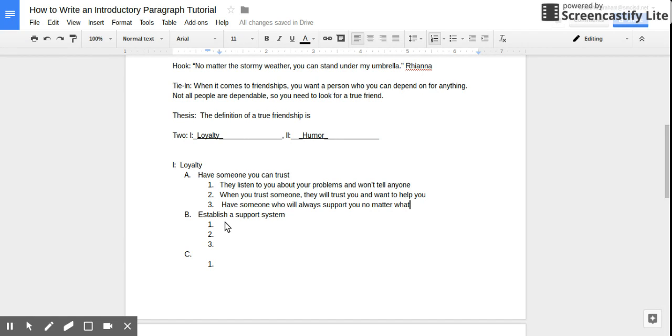Okay, so establish a support system. Start the same process over again. What are 3 reasons why a support system is important? Well, they will help you reach your goals. What are 3 reasons why it's important to have an established support system?